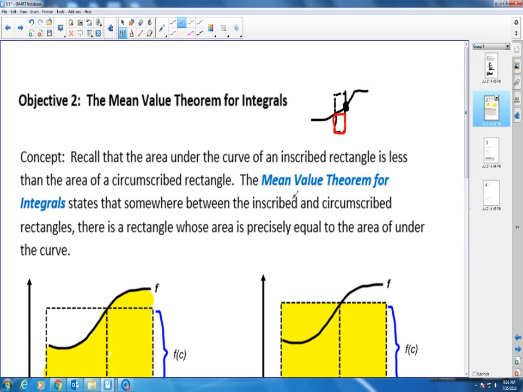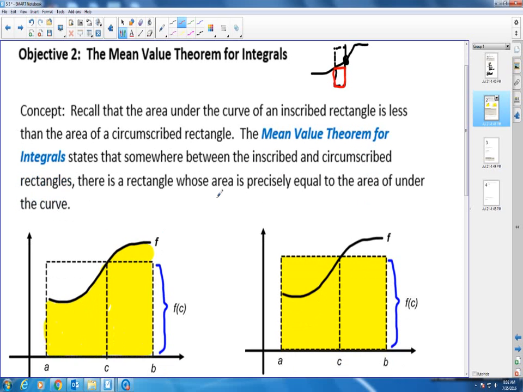Now, by the mean value theorem for integrals, it states that somewhere between the inscribed and circumscribed rectangles, there is actually a rectangle whose area is precisely equal to the area under the curve.